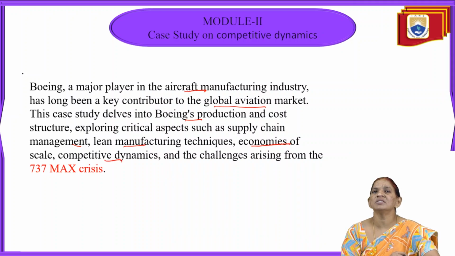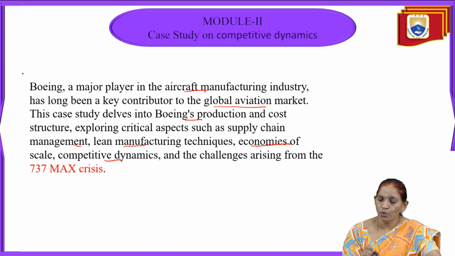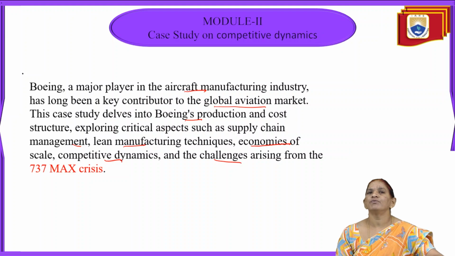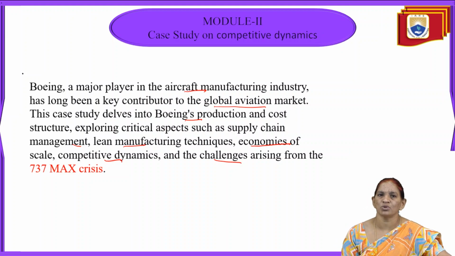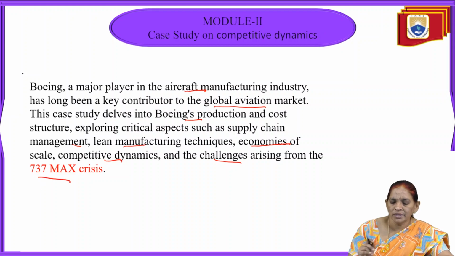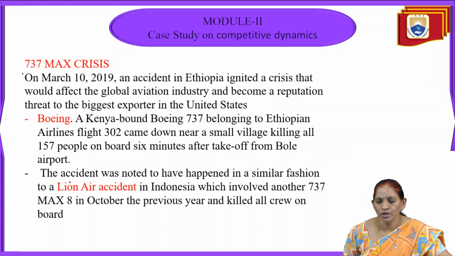These are some of the key contributors or factors we can analyze which enhanced the overall reputation of Boeing. Along with these, we want to identify the challenges that arose from the 737 MAX crisis. So, first we will see what this 737 MAX crisis of Boeing is.